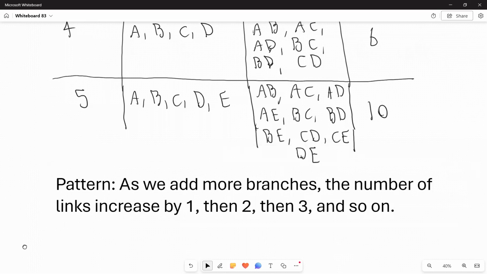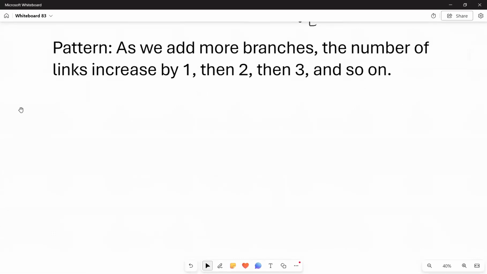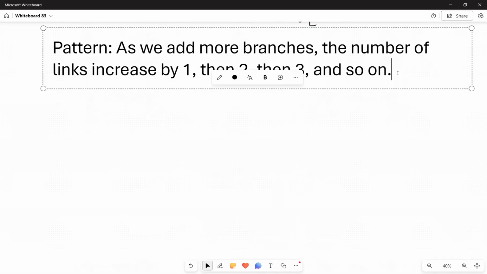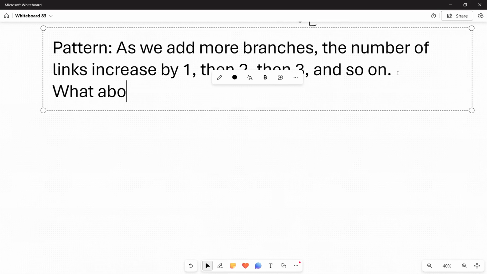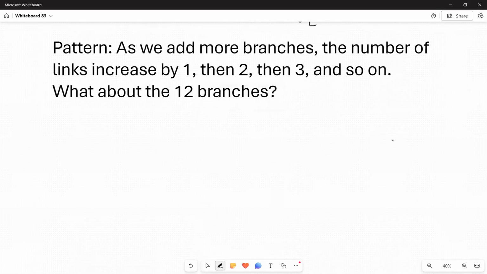So let's summarize what we have done, and we're going to use this pattern to find the 12 branches. So the question is, what about the 12 branches? This is where we are now. We did it so far for 5. But if we increase the number, there's going to be a lot of writing.